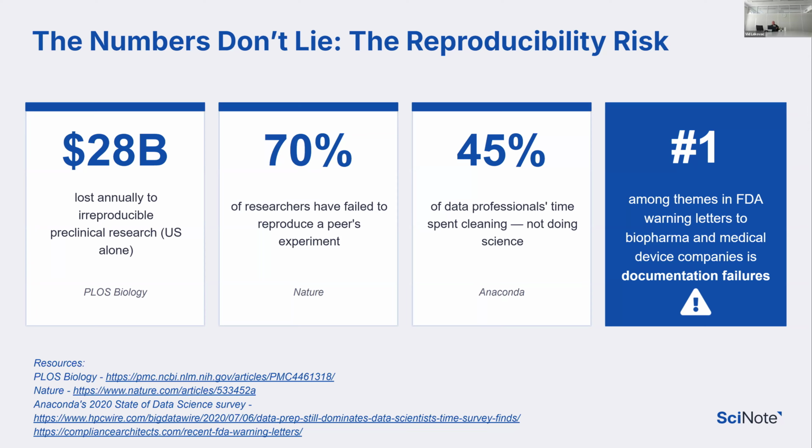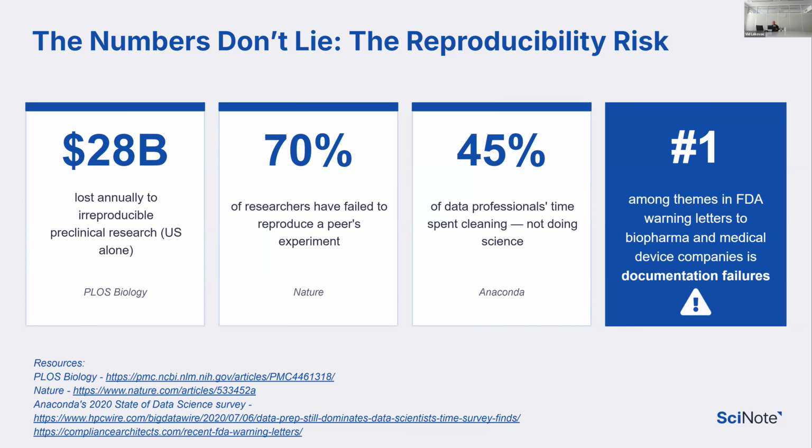The second box is, I think, the one that I hear the most. 70% of researchers have failed to reproduce a peer's experiment. You get tasked to start with something that somebody was working on 2 years ago, they left the company and you have no way of finding the data that they were working with. So that one is very common.